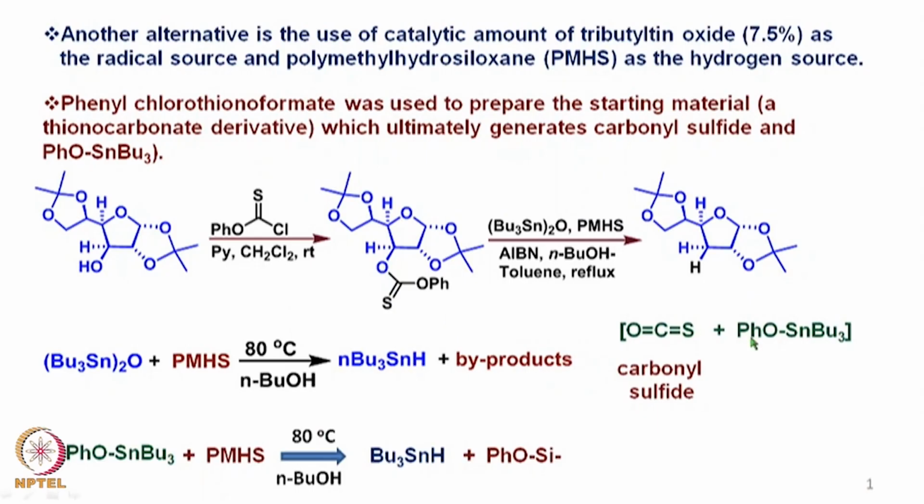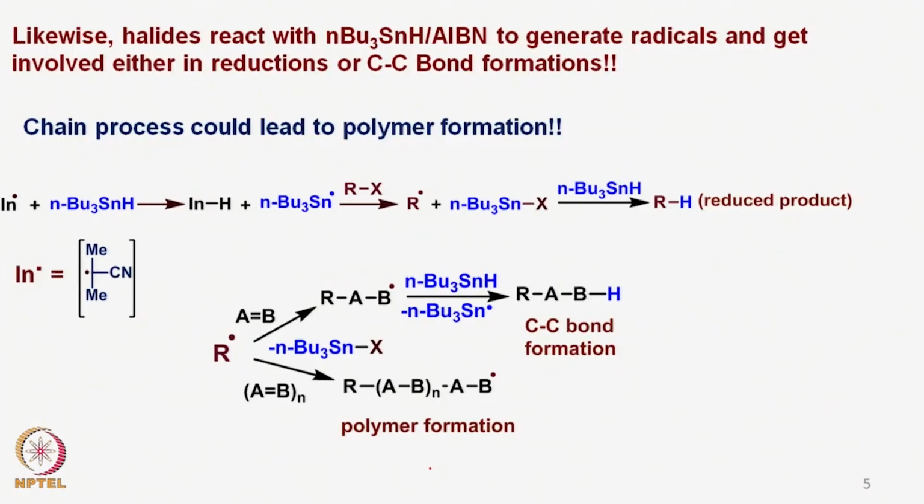The side product which has come out from the tin based reagent, that is the phenoxytributyltin derivative, then reacts with PMHS to regenerate the tributyltin hydride. Of course there will be some silane derivative. So this is how the catalytic amount of tributyltin oxide is utilized to carry out the deoxygenation of alcohols to the corresponding hydrocarbons under these conditions.